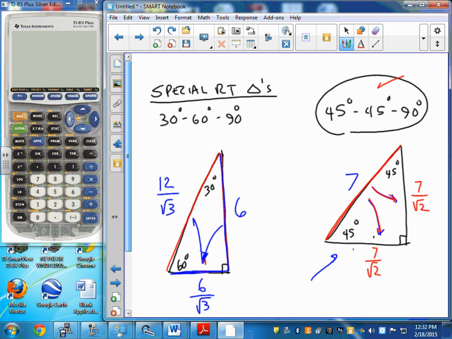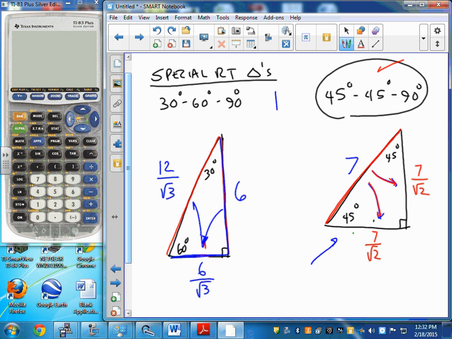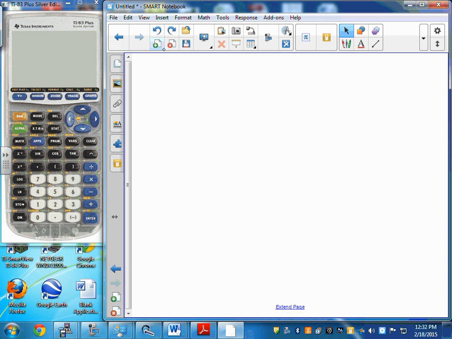I'll put together a worksheet this afternoon and let you try finding sides of 30, 60, 90s and 45, 45, 90s. Okay, the next section in the chapter was all about these trig ratios. And in a geometry class, we're not really doing a lot of trigonometry.